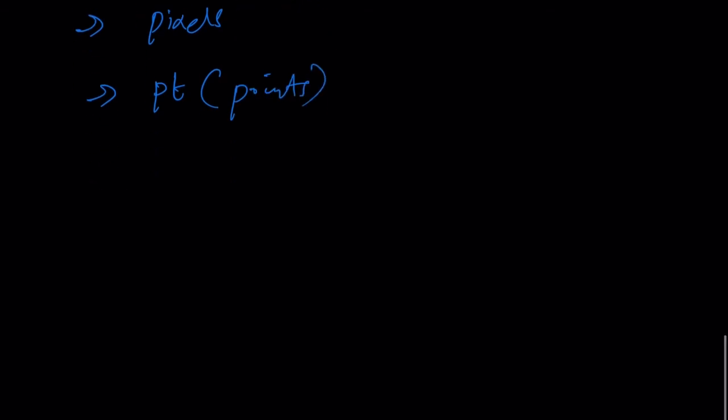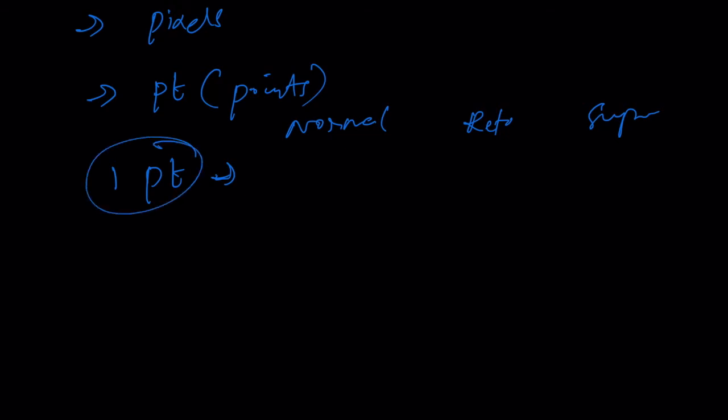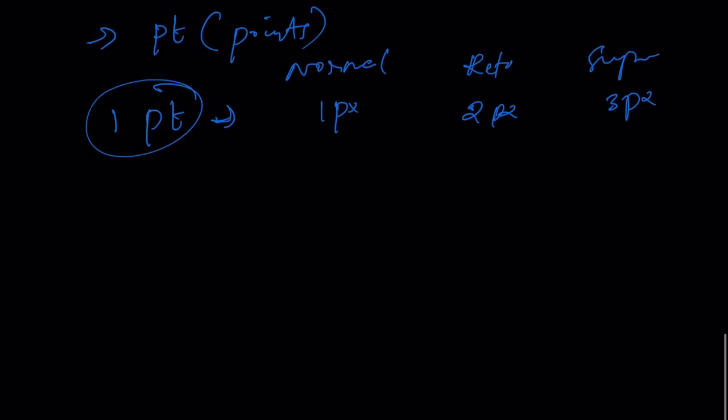Okay, so when I say 1 point, it means whether the device is normal, retina, or super retina, 1 point will have 1 pixel on normal, 2 pixels on retina, and 3 pixels on super retina. So that is why we need the point unit.